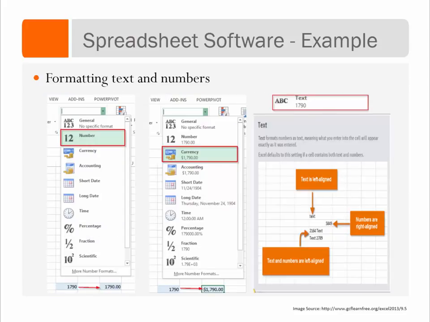Here you can see we have a couple different selections. The first one on the left is turning text into a number. The one on the right, we're turning a number or integer into currency.